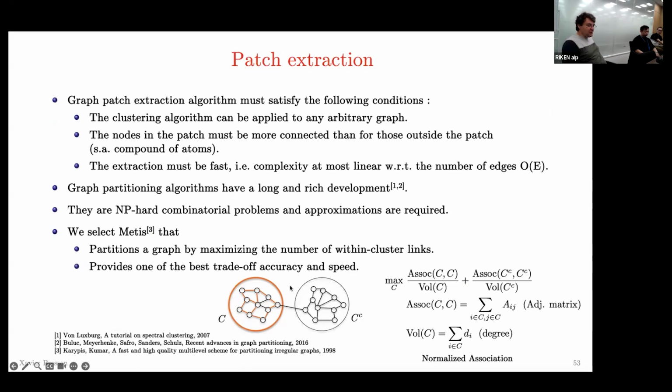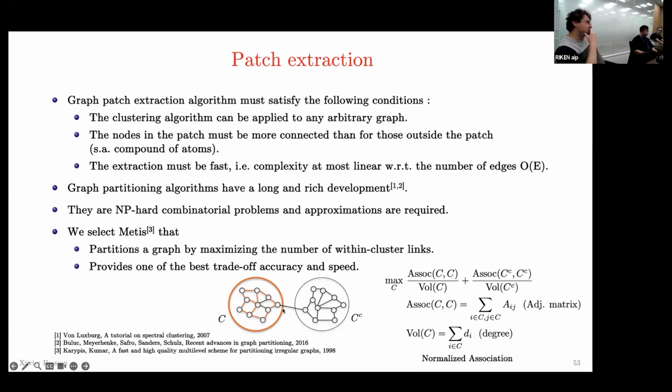This is the association, divided by the volume, which is just the number of nodes. The other one, which is very famous, is the cut. Instead of doing the association, you just want to minimize the cut. The cut is basically how many connections between clusters you are going to cross. They are exactly the same.